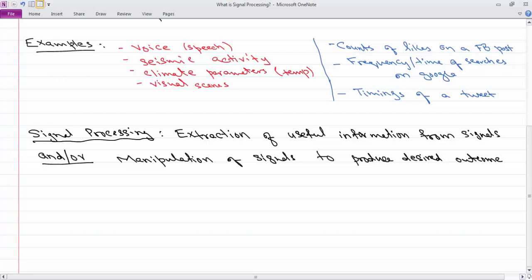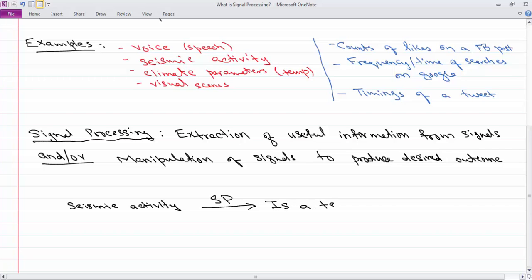So let's take the examples of some of the things that we have mentioned earlier. Let's see what signal processing does to those signals. For example, seismic activity or seismic vibrations. That's a signal. Now, signal processing can be used to extract valuable information and try to address questions like the following.